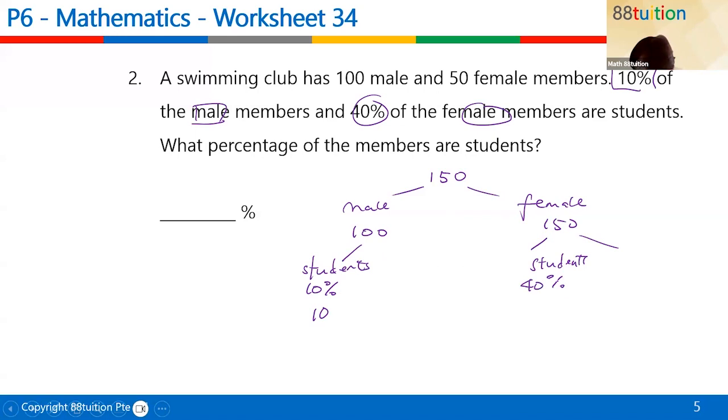That will give me 0.4 times 150 equals to 60. What percentage are students? So we just need to have 10 plus 60, 40% of 50. Why like this? 50 female only. So 40% times 50, that will give me 20 students.